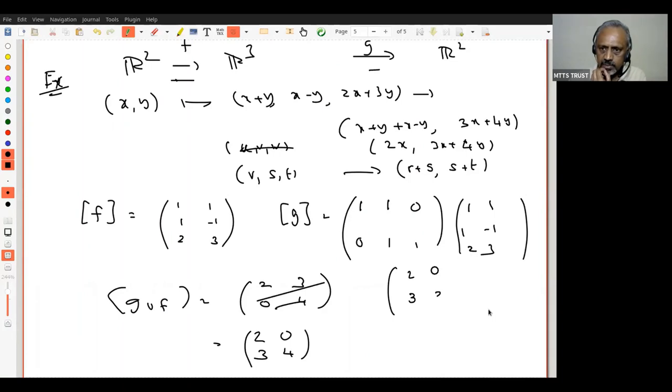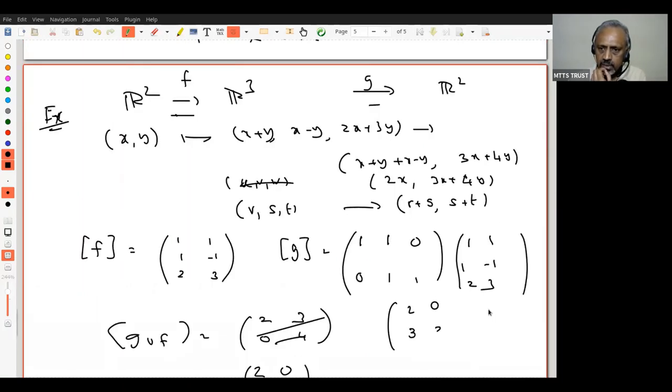So let us look at what happens to y. It goes to 1, minus 1 and 3. That seems to be correct. 0, 1, where does it go to? It goes to 1, minus 1 and 3. This is correct. Okay.